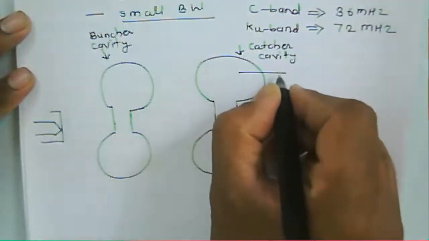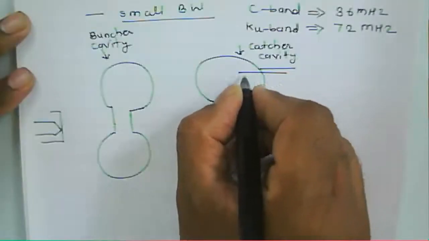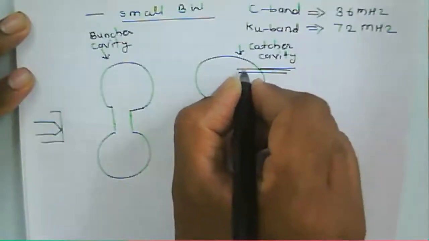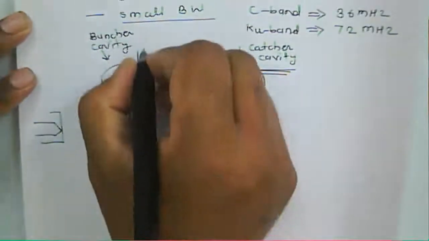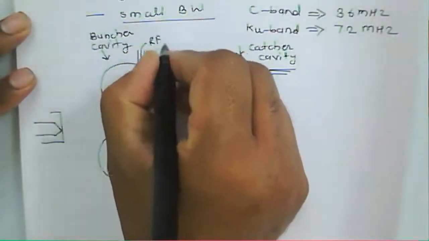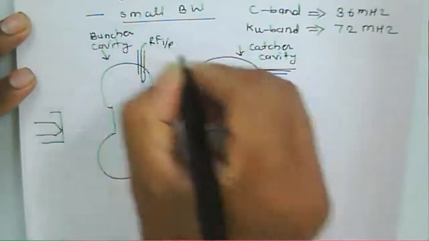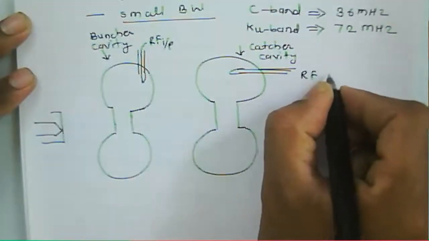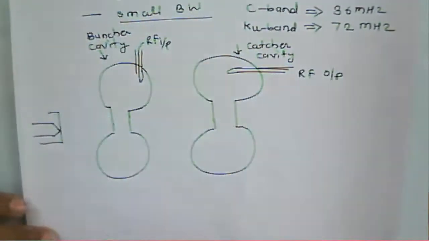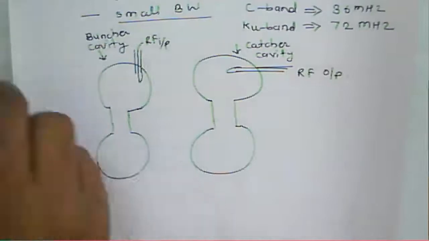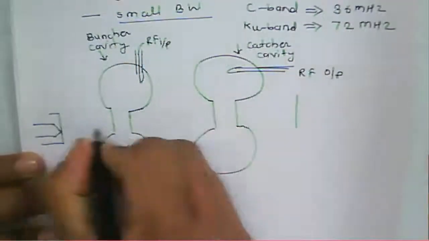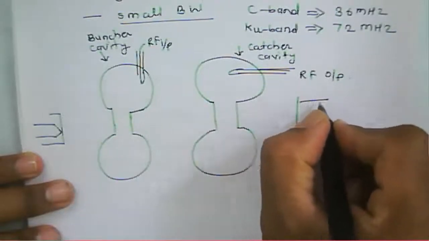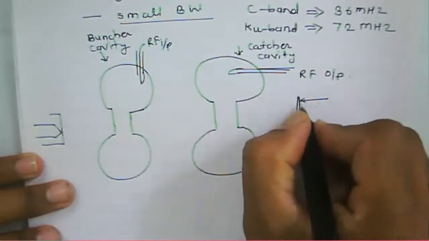We provide the input to this, the RF input, and we get the RF output here. The electrons are emitted from this, and here it is called the collector.